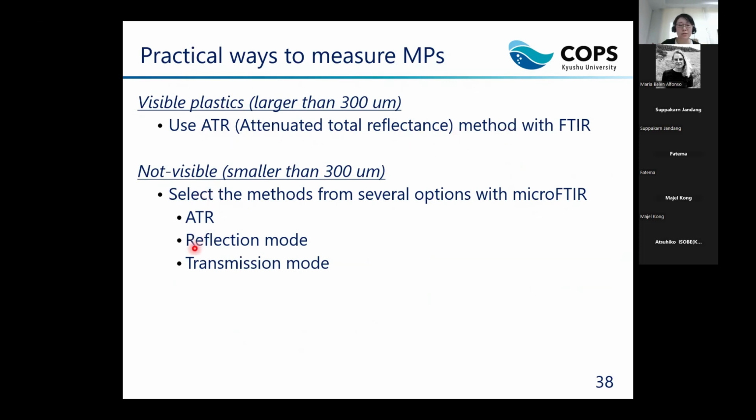And the other two methods are reflection mode and transmission mode. So you need to know which method you used for identification, because it is important to state the limitation of the detectable size or data quality.